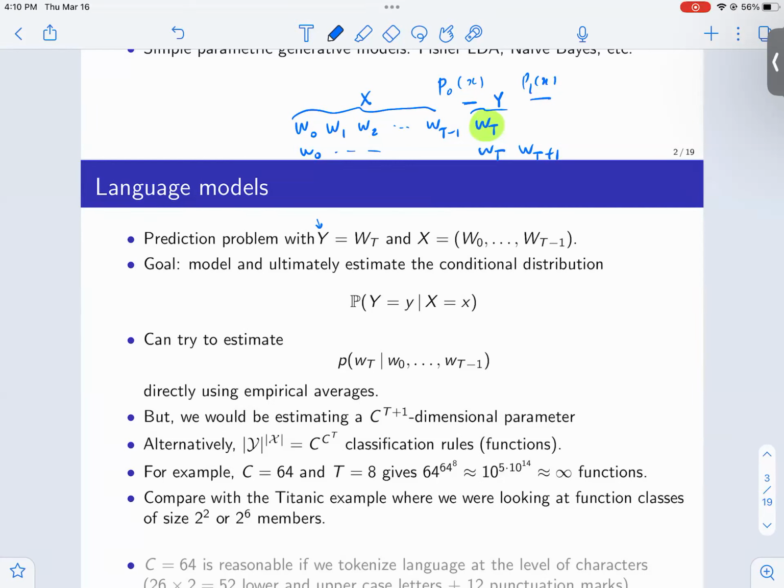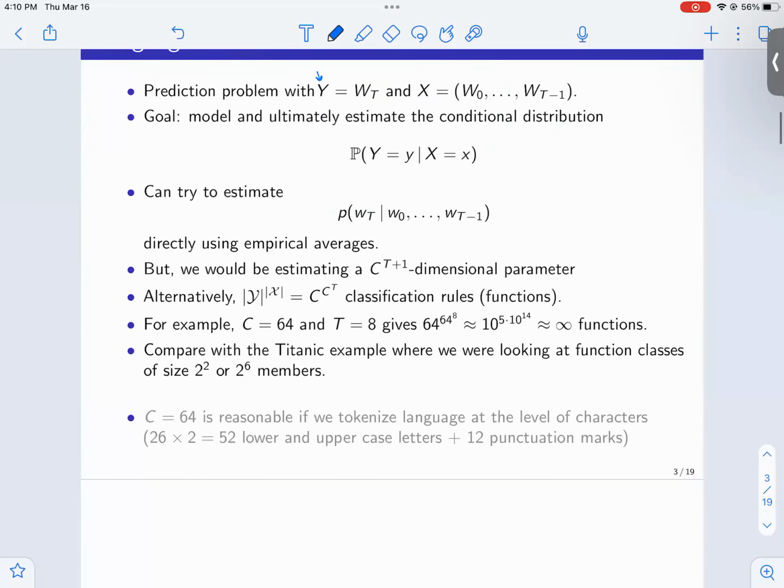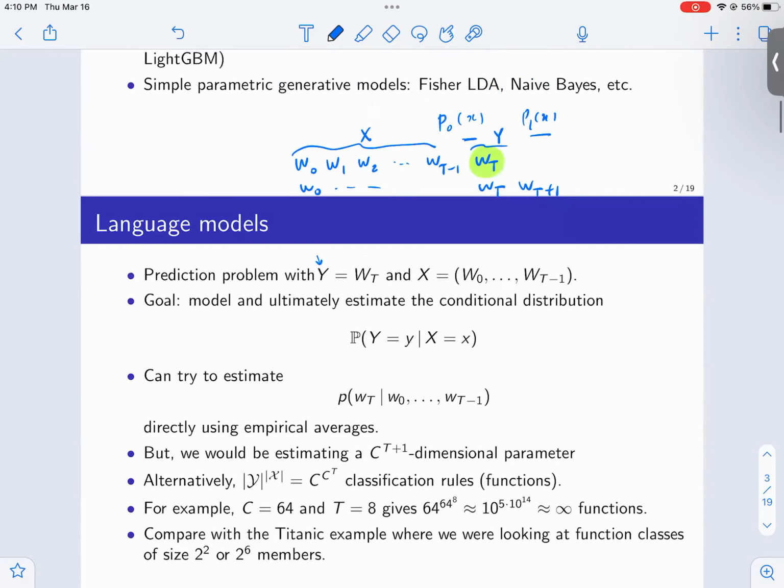Then uppercase letters, lowercase letters, and punctuation: say 26 times 2 plus 12 punctuation marks. If I treat prediction as predicting the next character, I can just work with 64 characters. So if these words are really characters, it's enough to assume that this has 64 levels.